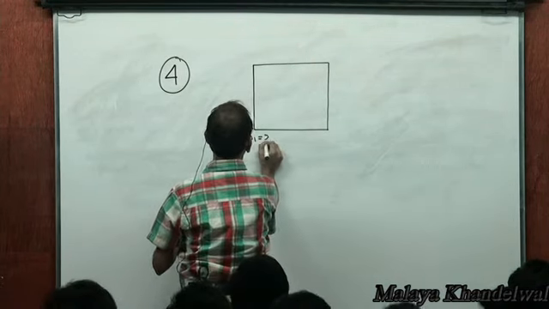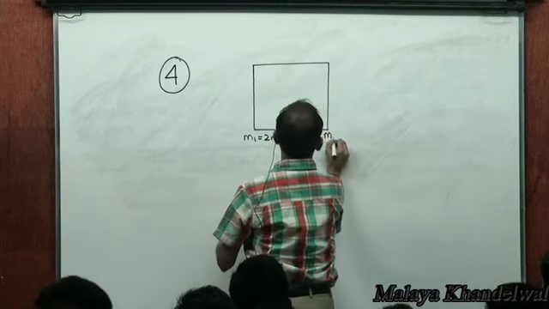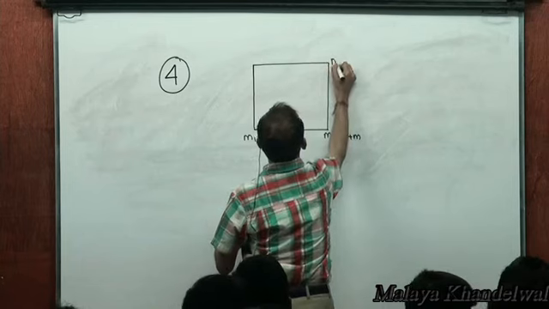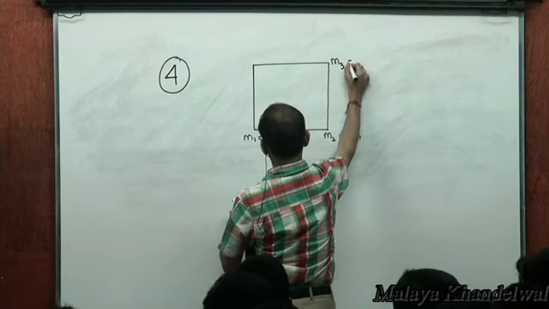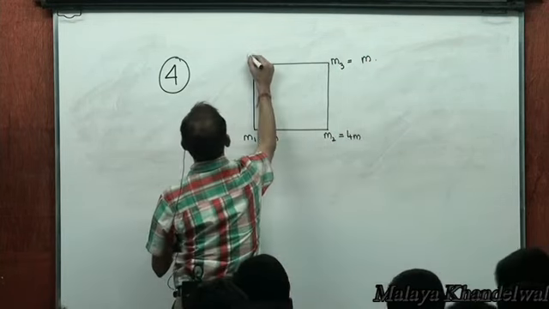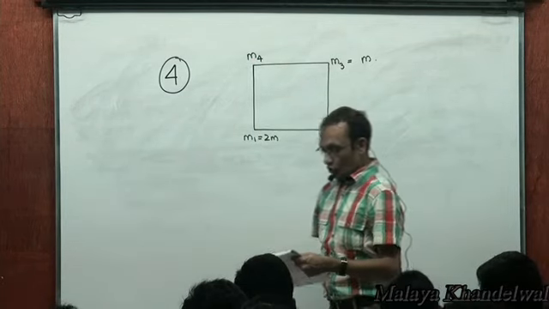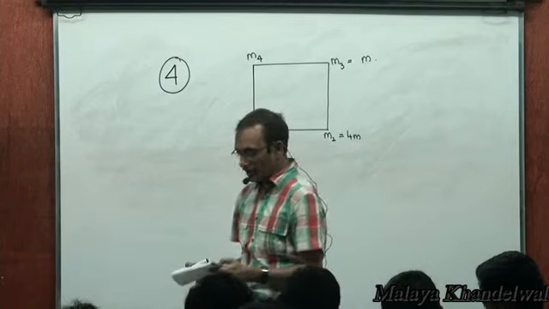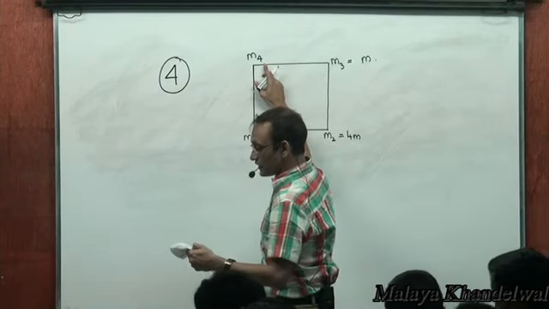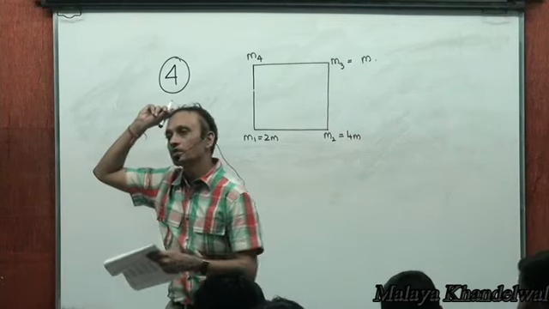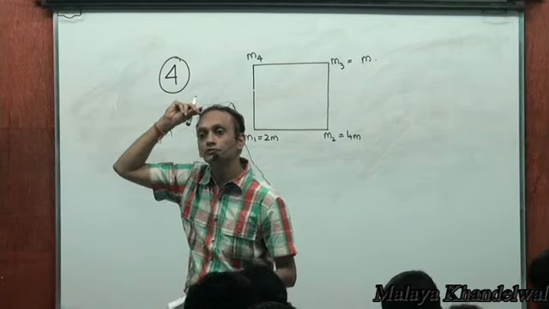M1 is 2m, M2 is 4m, M3 is m, and M4 is at this vertex. We want to find the value of M4 so that the center of mass of all 4 particles is at the center of the square.